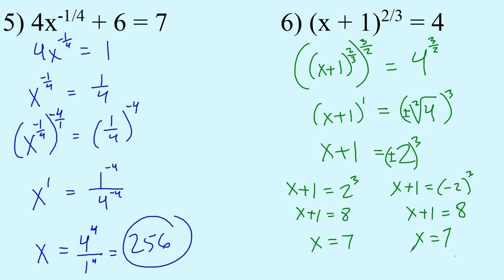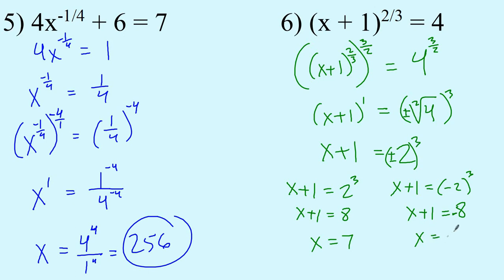Okay, we got the same answer here, okay? That's not always going to be the case, all right? But that's reassuring, okay, that I was on the right track. Wait, no, what did I do? Oh, dang it, I messed up my negative. Negative cubed is a negative 8. I hope you guys caught that.